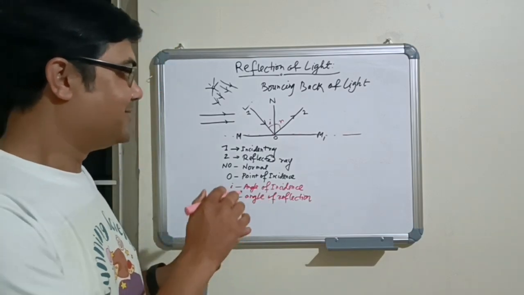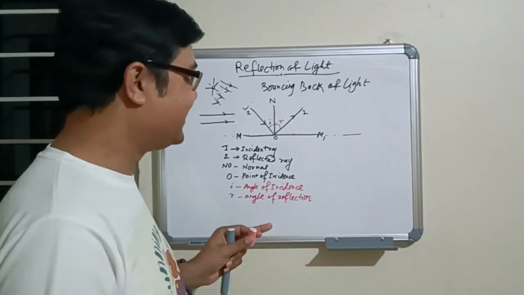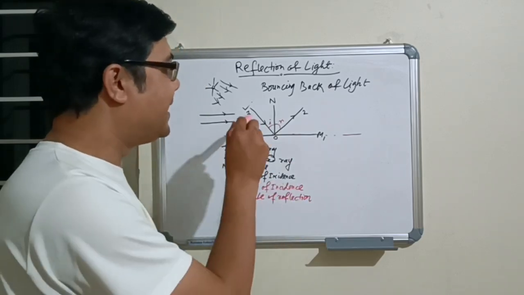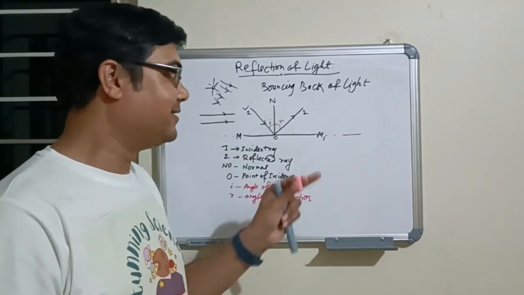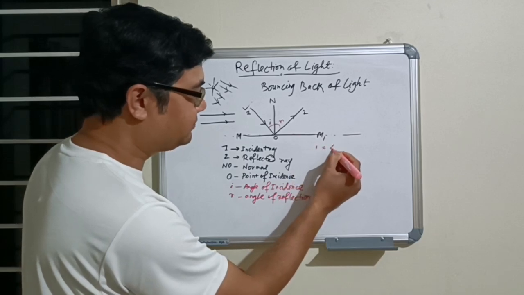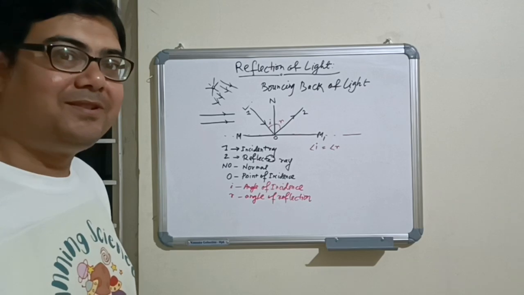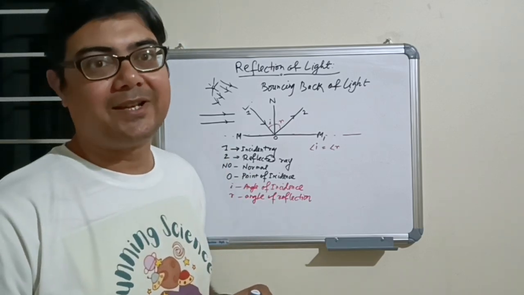Now there are two laws related to reflection of light. First law: angle of incidence is always equal to angle of reflection, so I is equal to R.